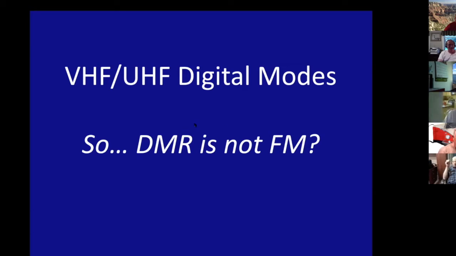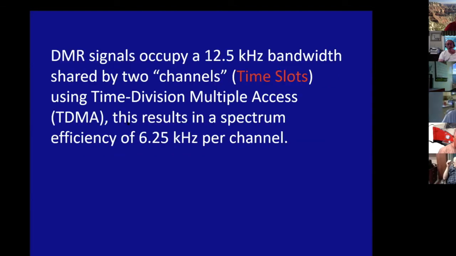The term, for example, Fusion radio, which I'm not going to talk about at all other than make this comment, uses all 25 kilohertz of bandwidth available to FM, if that's the mode that you choose to be in. Or you can do 12.5, or on Fusion you can do 6.25 kilohertz.